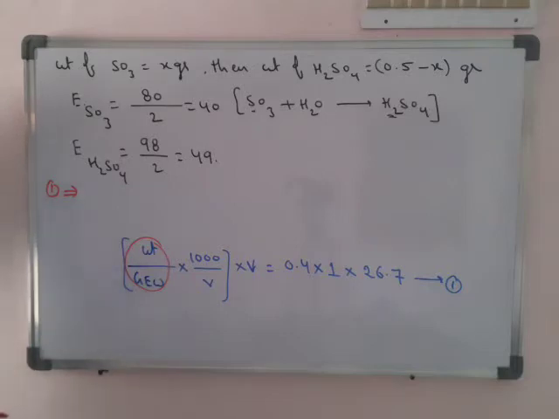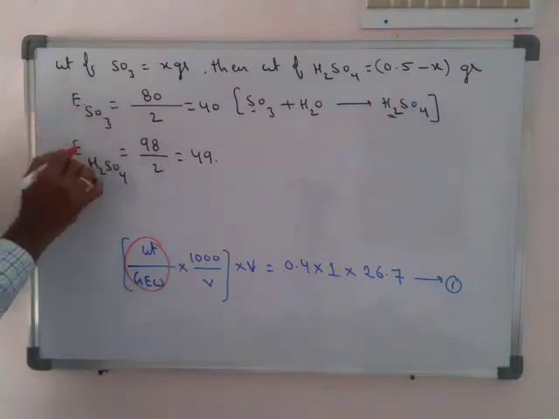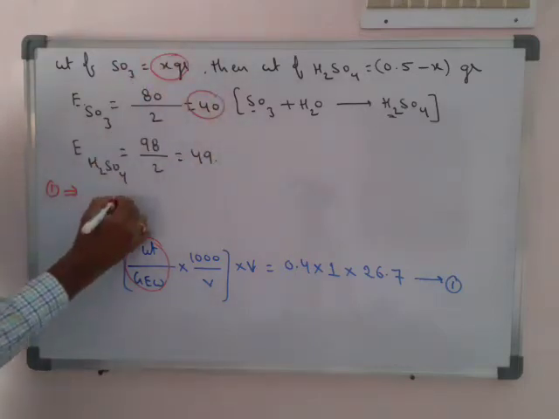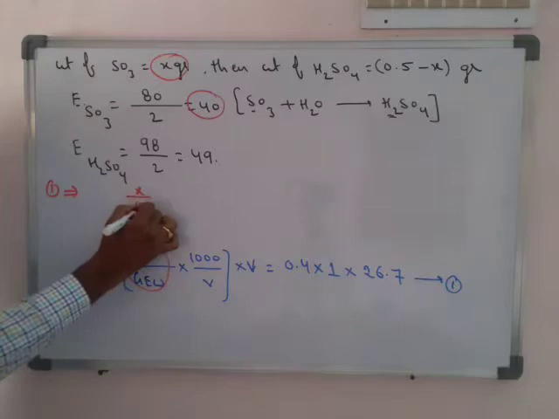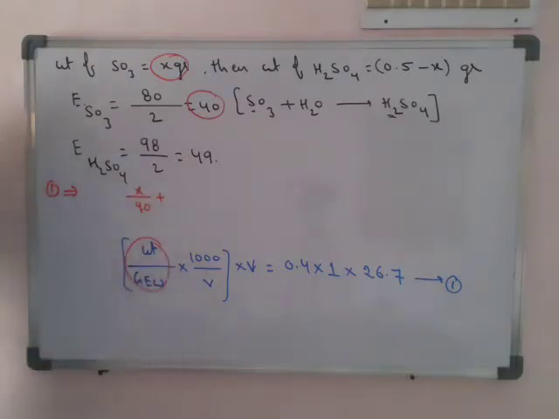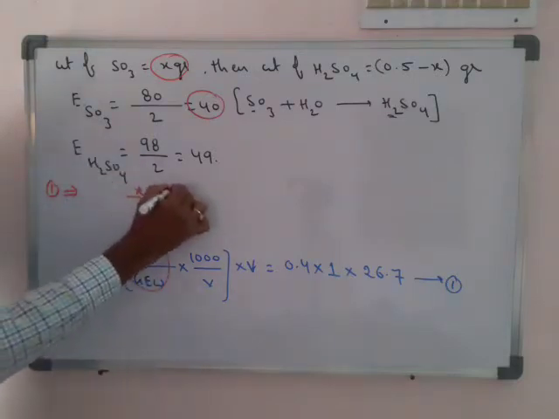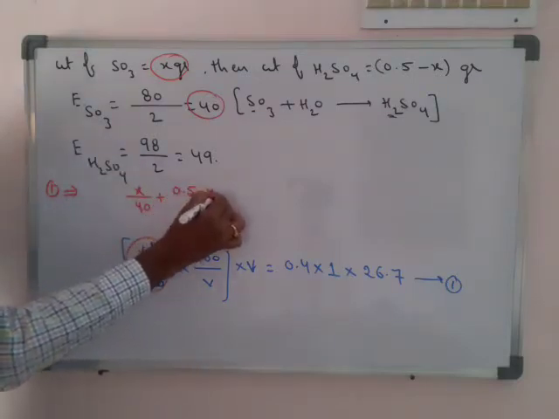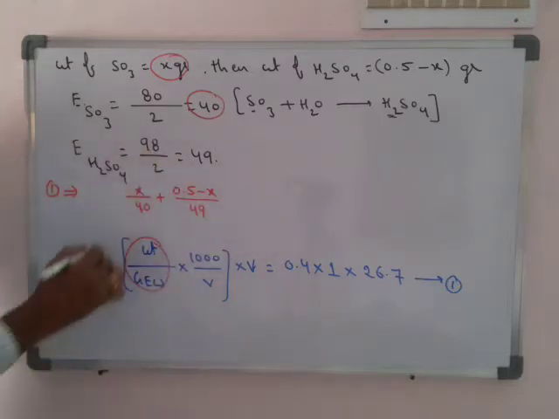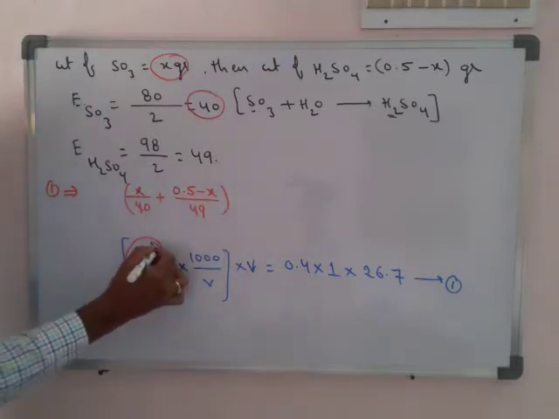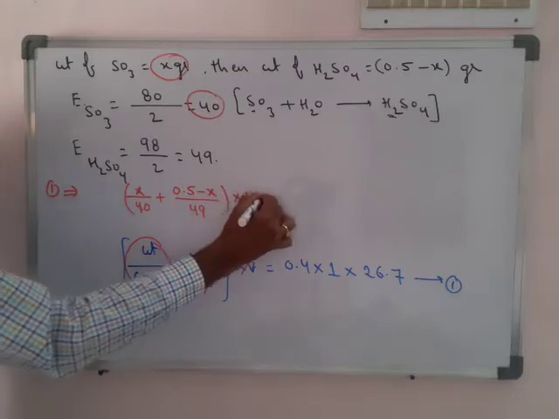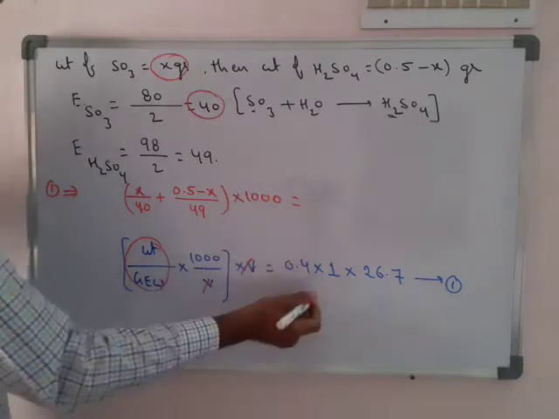For SO3, the weight is x gram and its equivalent weight is 40, so x by 40, plus the H2SO4 part. Next, the weight of H2SO4 by its equivalent weight: 0.5 minus x by its equivalent weight, which is 49. Then the 1000 gets cancelled, and the remaining terms are the same.